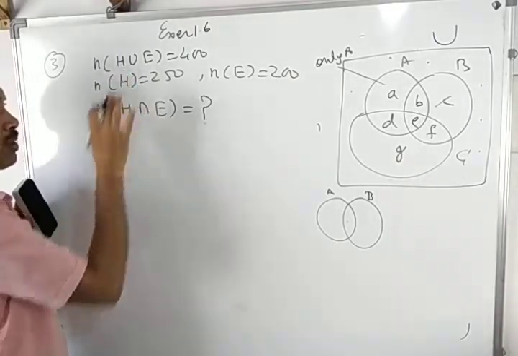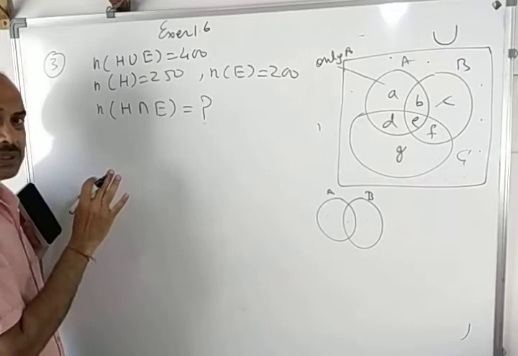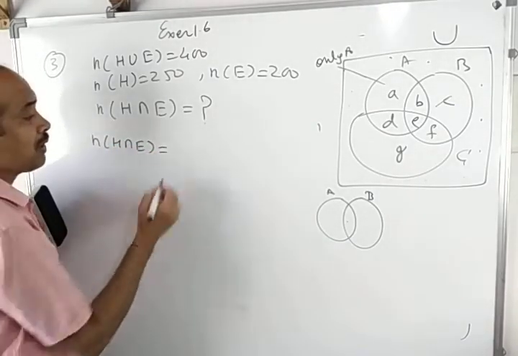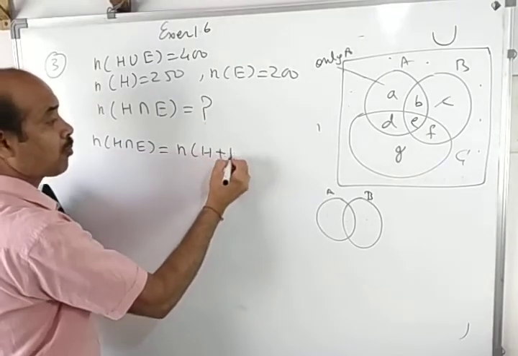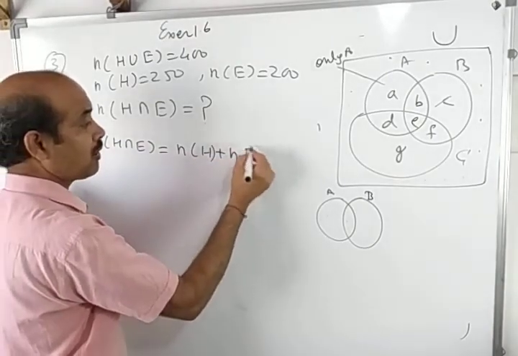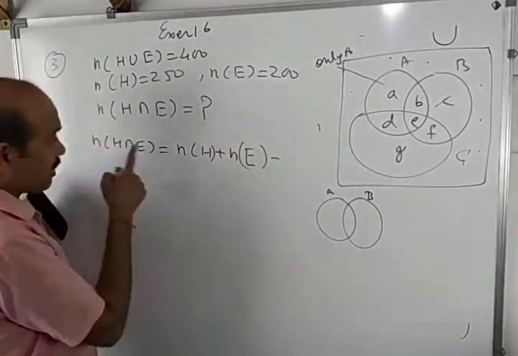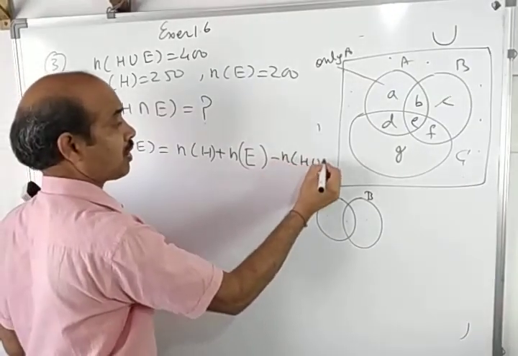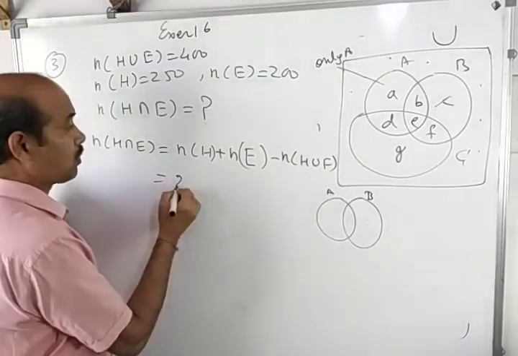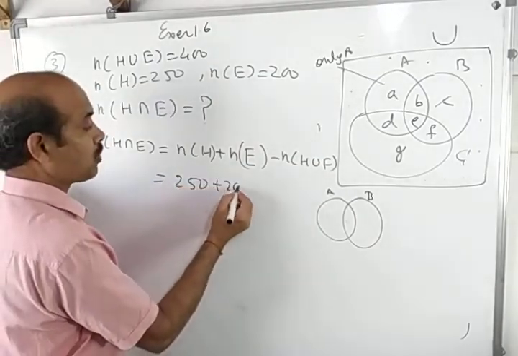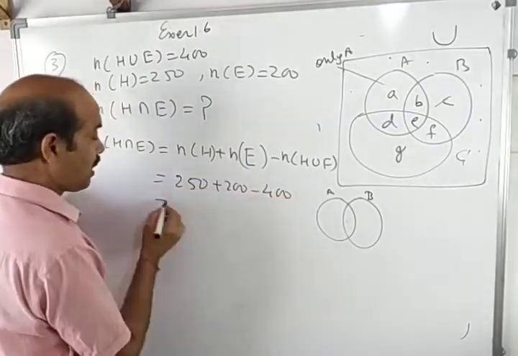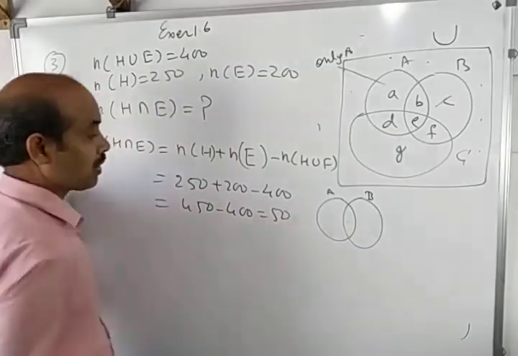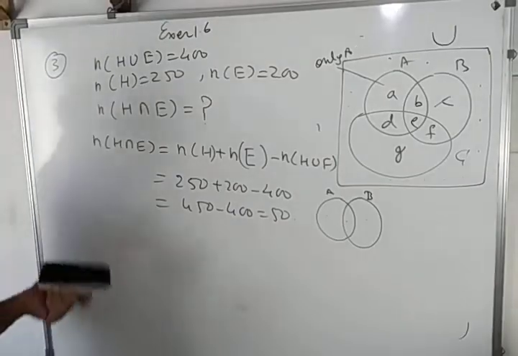So putting it in the formula, n(H intersection E) will be n(H) plus n(E) minus their union, because intersection and union are on the left hand side. 250 plus 200 minus 400, 450 minus 400 will be 50. That is question number 3.